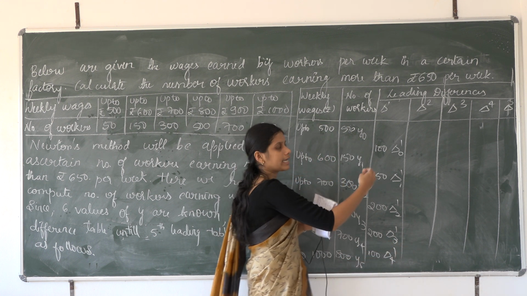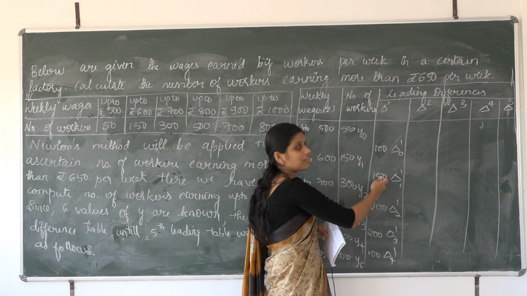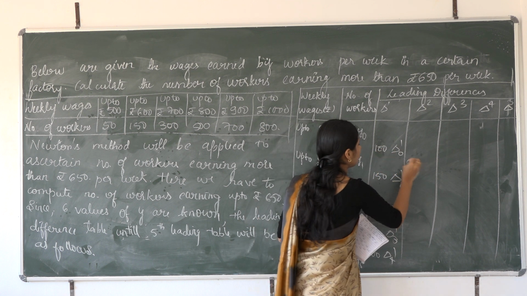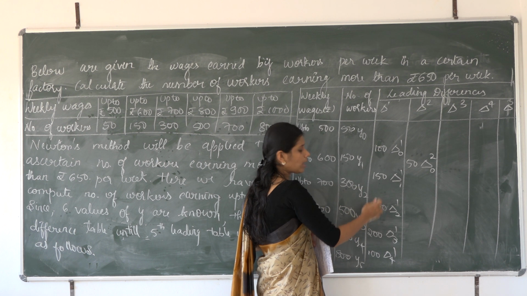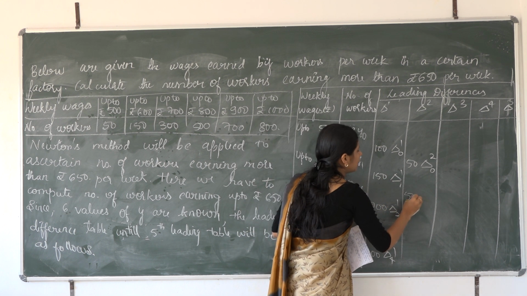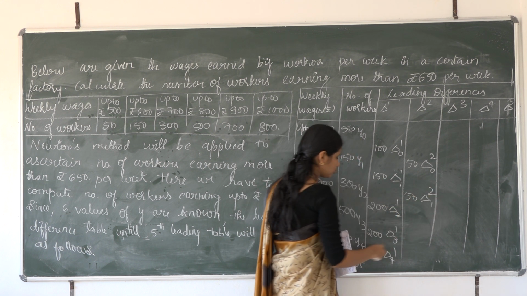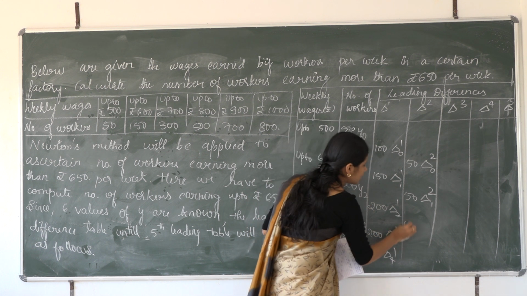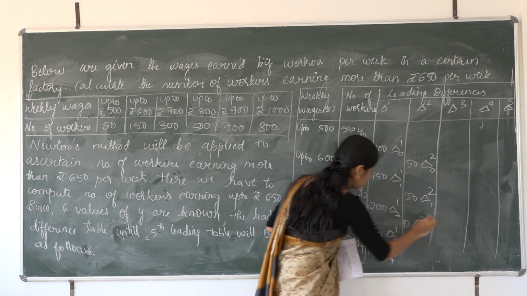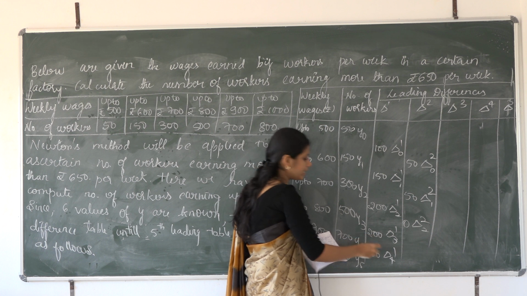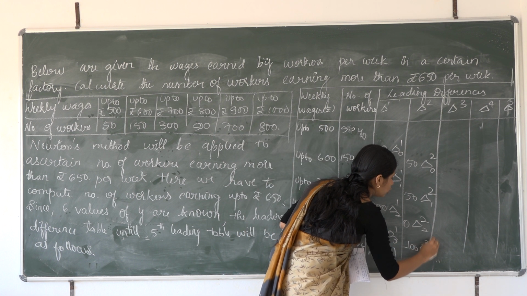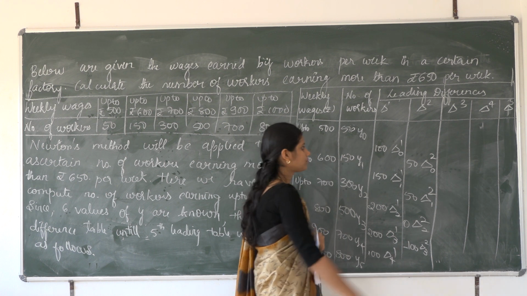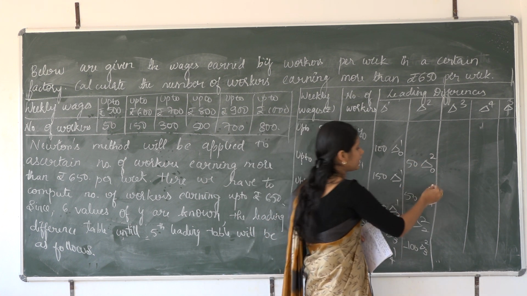Now, next second order leading difference will be 150 minus 100, it is 50. Delta 0 raised to 2. Next, 200 minus 150, it is again 50. Delta 1 raised to 2. 200 minus 200 is 0. Delta 2 raised to 2. 100 minus 200, it will be minus 100. Delta 3 raised to 2. Next, 50 minus 50, 0.